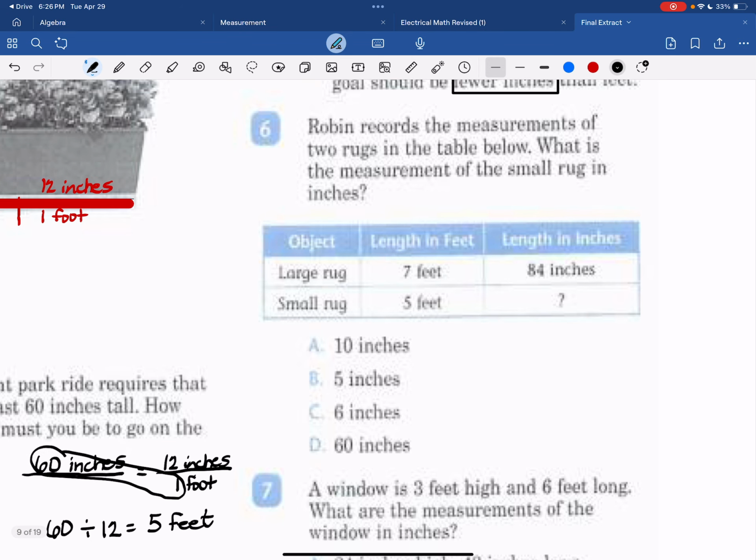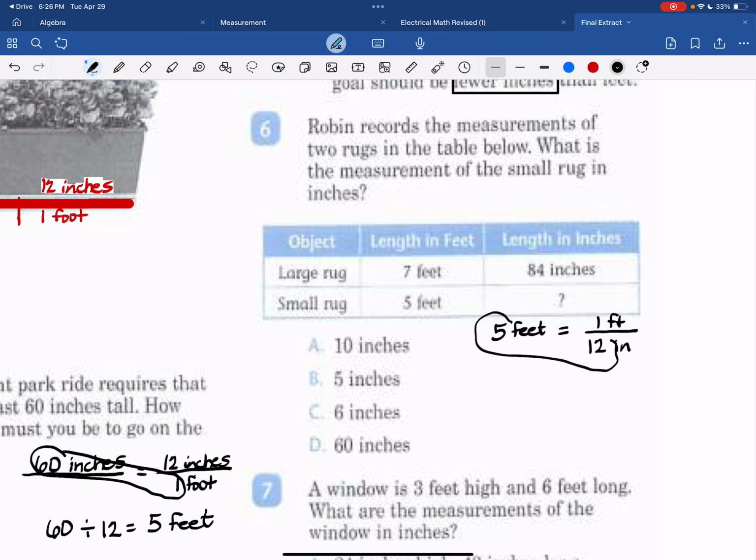Robin records the measurements of 2 rugs in the table below. What is the measurement of the small rug in inches? Well, if it's 5 feet long, that would be 5 feet. And we know that there are 12 inches in a foot.